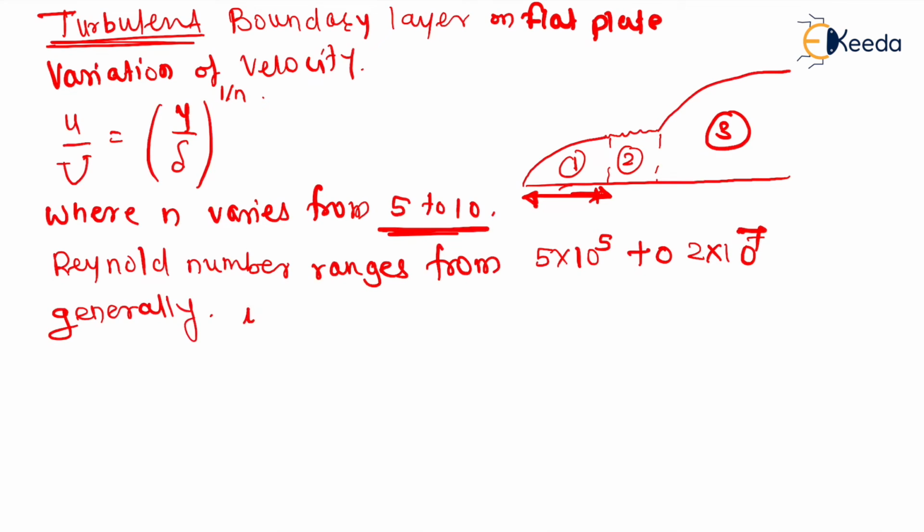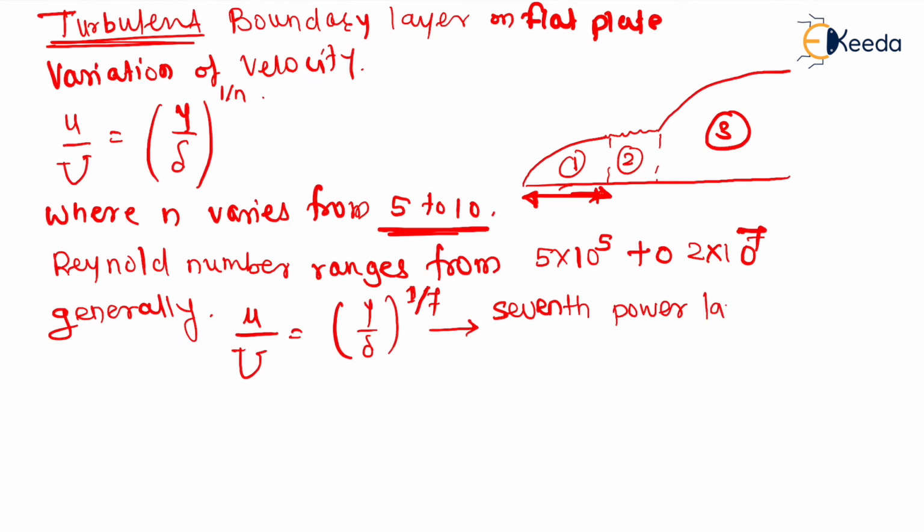And generally small u upon capital U is equal to y upon delta to the power 1 by 7. This is the common observation which was observed in practicals. So this is called the one-seventh power law.